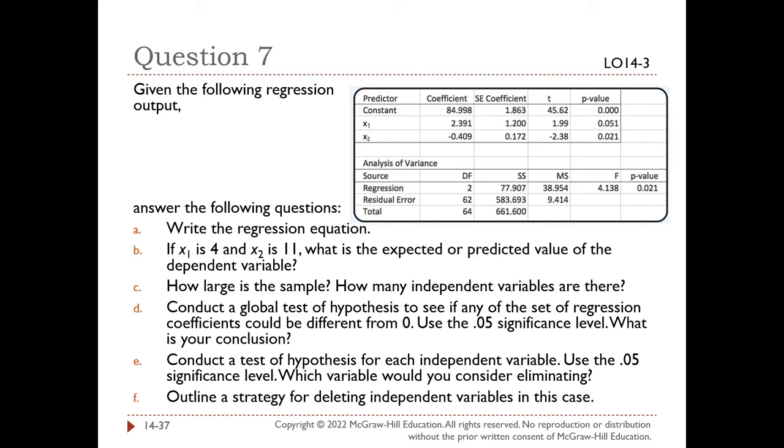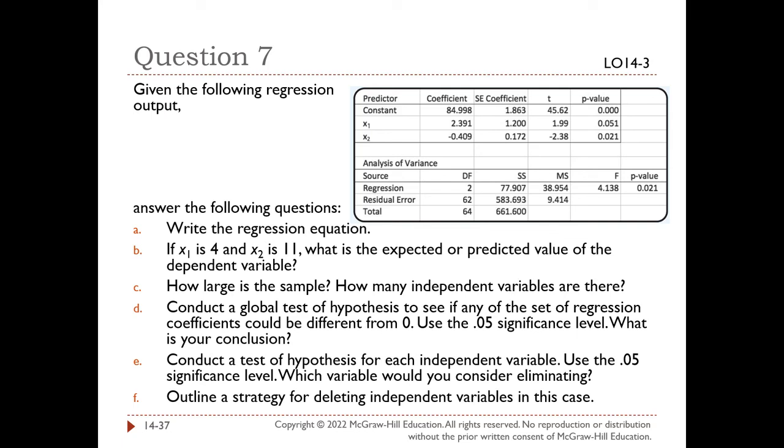D. Conduct a global hypothesis test to see if this set of regression coefficients will be different from 0. Use a 0.05 significance level. What is your conclusion?